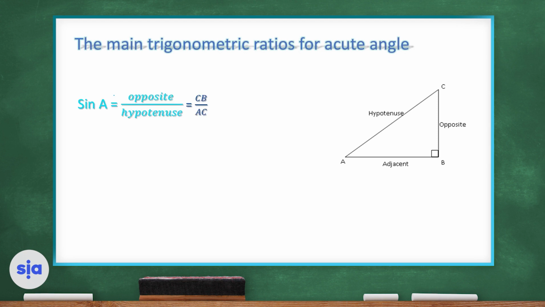Then sine angle A is the opposite over hypotenuse, which is CB over AC, where cosine A is adjacent over hypotenuse, that is AB over AC, where tan A is the opposite over adjacent, which is CB over AB.